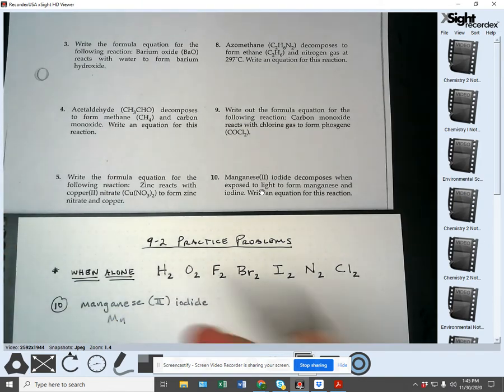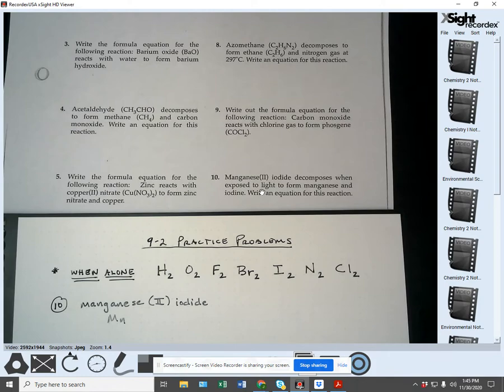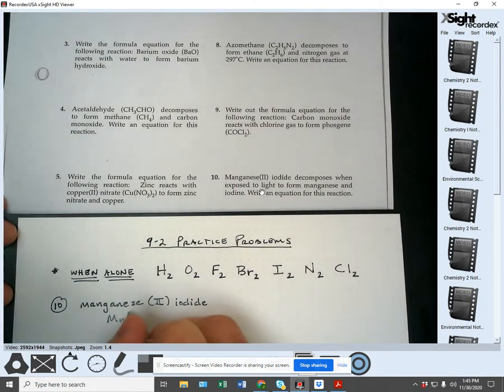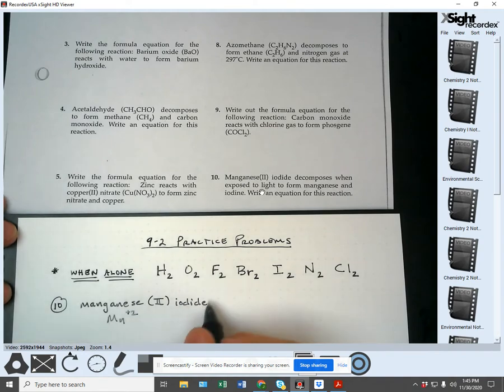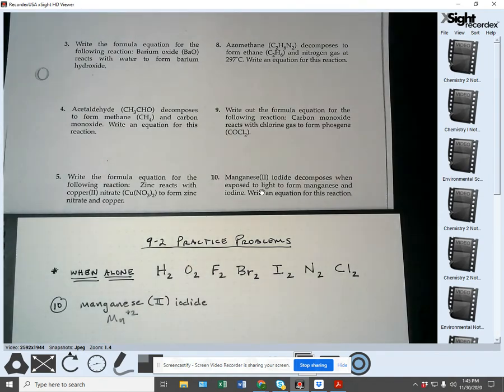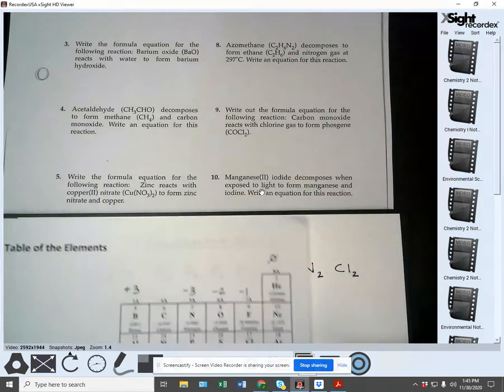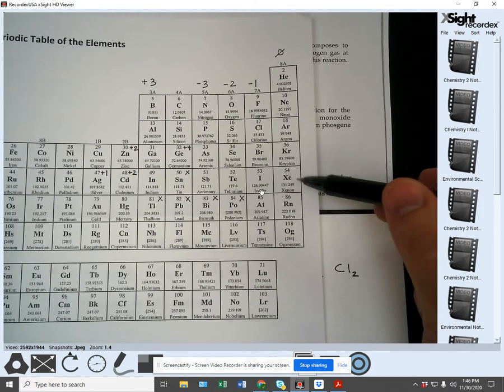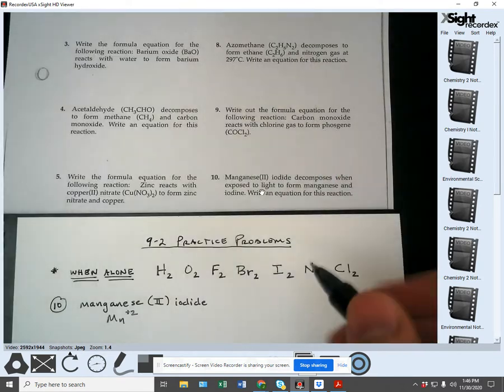If we were to look it up on the periodic table, we don't know the charge. That's what the Roman numeral 2 is. That tells us the charge, plus 2. The IDE ending in iodide tells us from the periodic table it's iodine. Iodine is a -1.